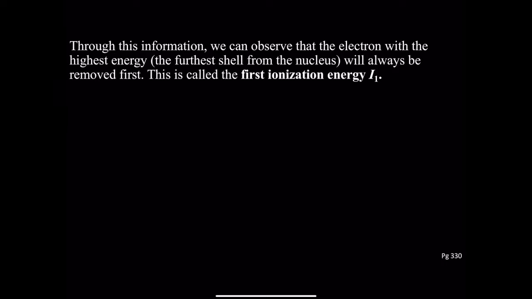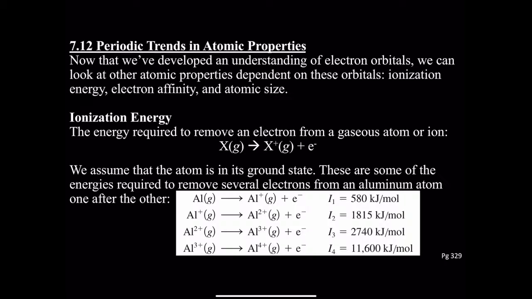Through this information, we can observe that the electron with the highest energy, or the furthest shell from the nucleus, will always be removed first. And this is called the first ionization energy, or I1. So this electron right up here, with this fancy little laser pointer, is the first one to go because it's the furthest away from the nucleus, right? It's hanging on with the least amount of strength, so its ionization energy is the lowest.